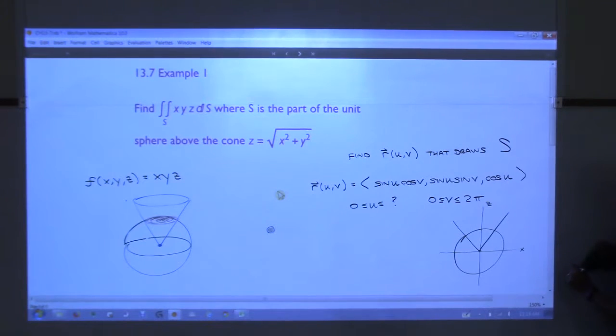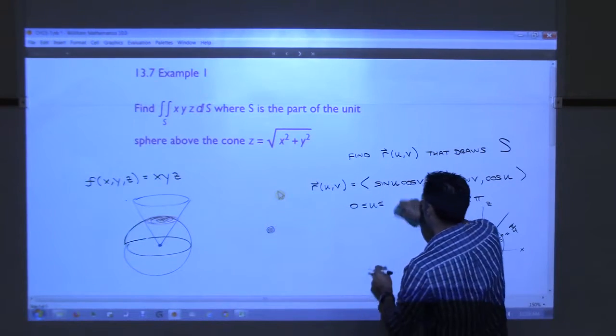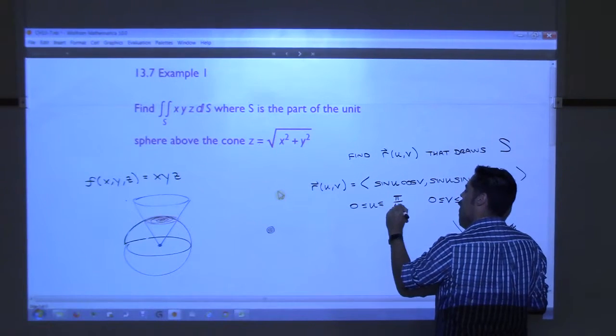If you go out 1, up 1, out 1, up 1, this is going to have a slope of 1, which means this has to be 45 degrees, or pi over 4. So we are going to restrict this between 0 and pi over 4.